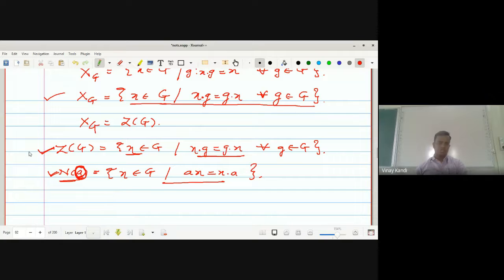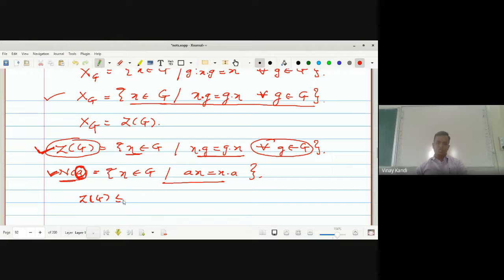ओके. That means in here Z of G, more conditions are there. Is it correct? जास्ती रिस्ट्रिक्शन आहे त्याच्यावर कारण की ते for all g belongs to G. Is it correct? Yes, sir. And here the normalizer of A contains those elements such that that element commutes with only this element A. Okay, so here that means Z of G, हे पुढे आहे concept बघ काय येईल.